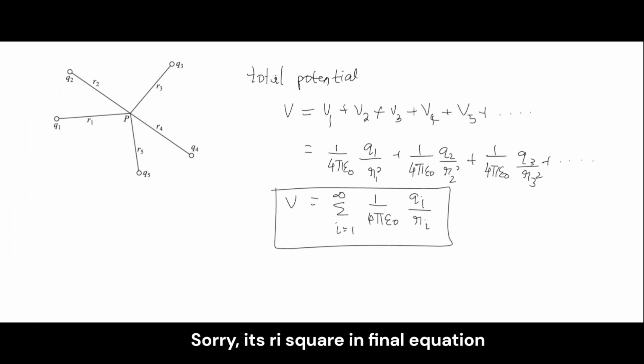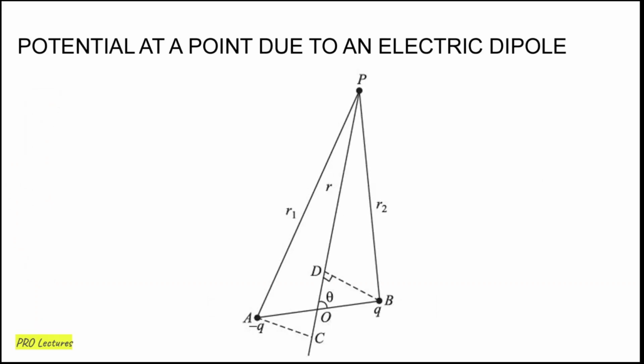Now, let's look at the potential at a point due to an electric dipole. An electric dipole consists of two charges minus q and plus q separated by distance 2l. Here we have considered charge minus q at point A and plus q at point B with the center at O. Let's say we want to calculate the potential at point P whose polar coordinates are r and theta.